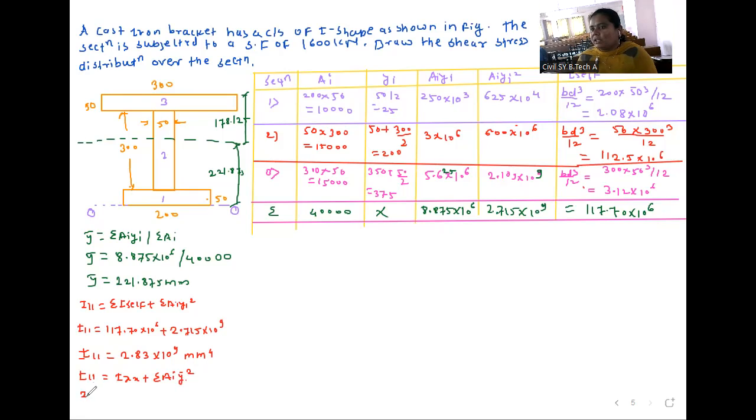So I11 is 2.83 into 10 raised to 9, which is equal to Ixx plus 40,000 into y bar, which is 221.875 squared. So you calculate and tell me Ixx, which is equal to how much?